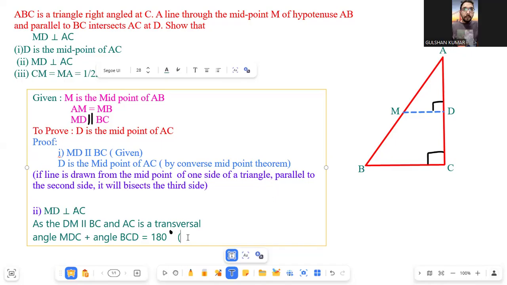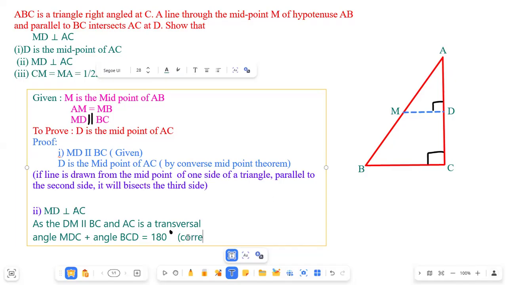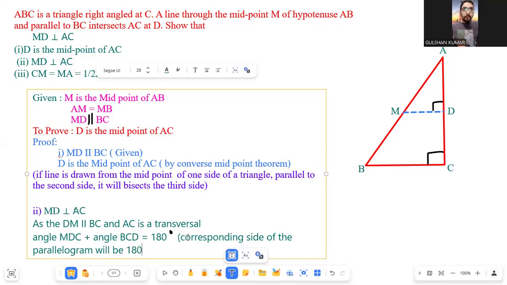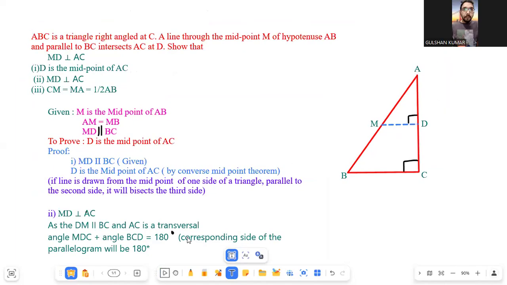We have to write here that the corresponding angles of the parallelogram will be 180 degrees. Okay.